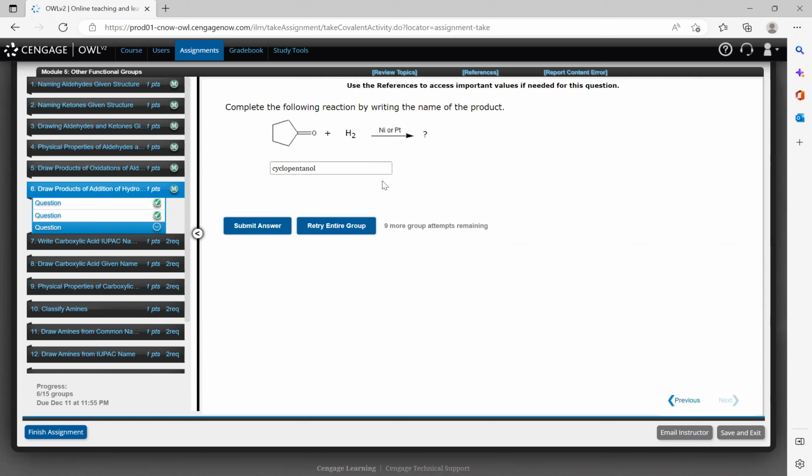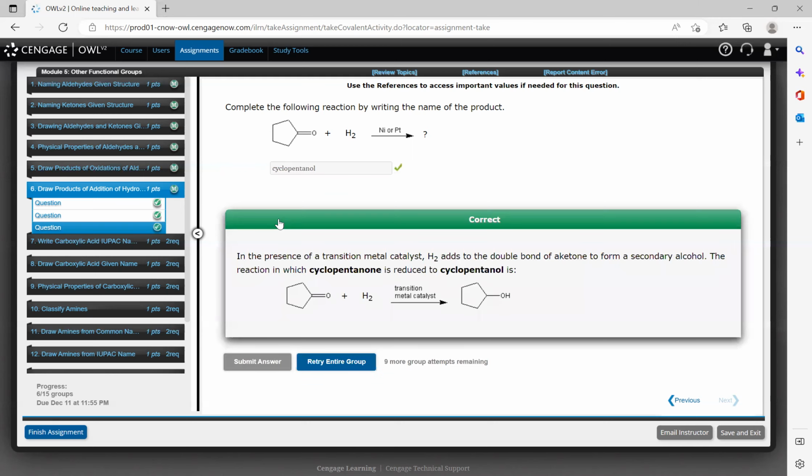So when you have an alcohol, it ends up with an OL at the end. Aldehyde will have an AL. So this is going to be called cyclopentanol instead of cyclopentanone because it became an alcohol.